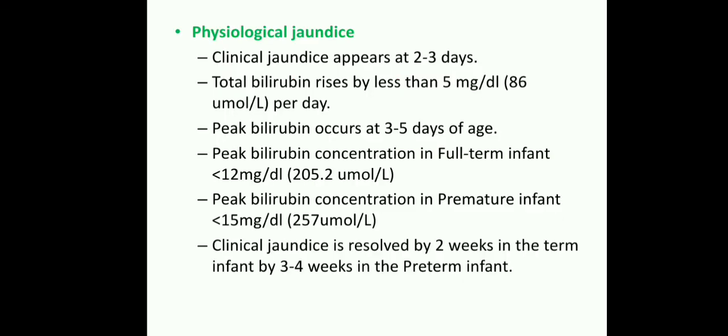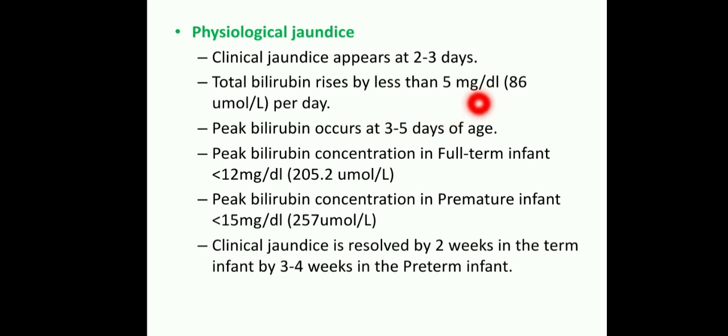Coming to the clinical features of physiological jaundice, how do we identify it? First, the clinical jaundice appears at 2 to 3 days. I said in the table 2 to 4 days. The total bilirubin level rises by less than 5 mg per dL, or 86 micromol per liter per day.